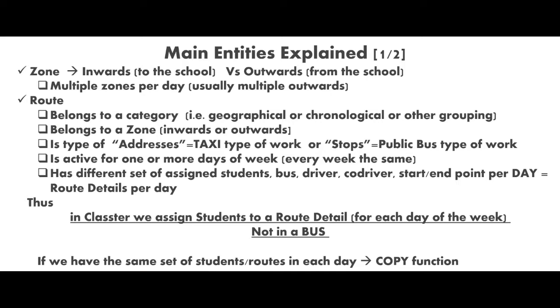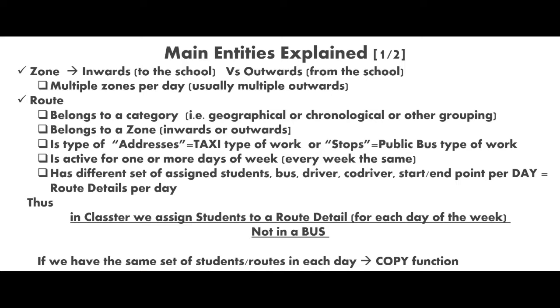Now, another thing that causes a lot of confusion is the fact that most schools initially think routes will be identical for all days. This is true for 90% of the cases, but in almost all cases, 10% of the cases are different. That basically means that students may be different from day to day.